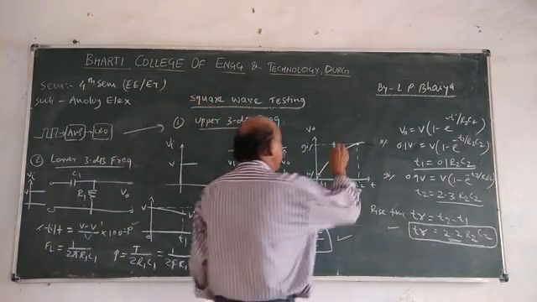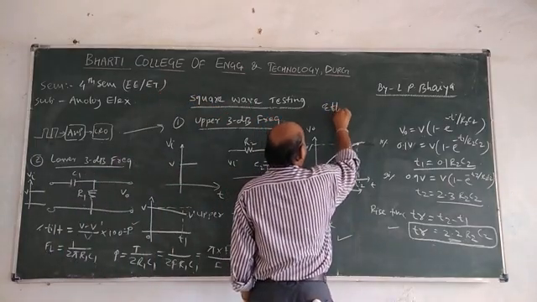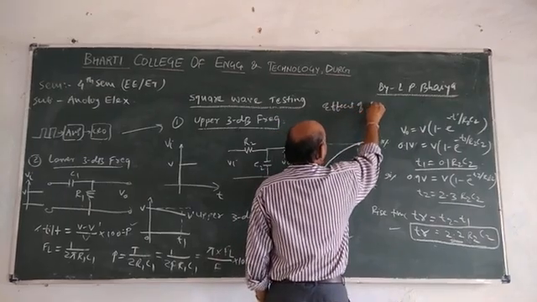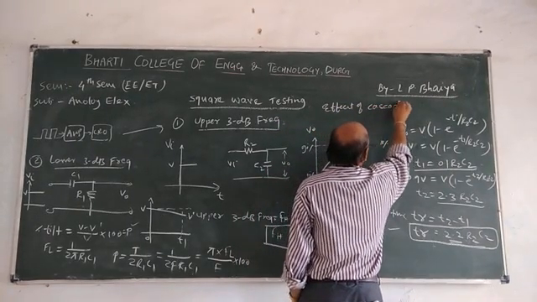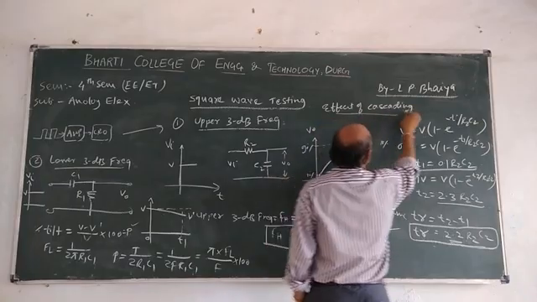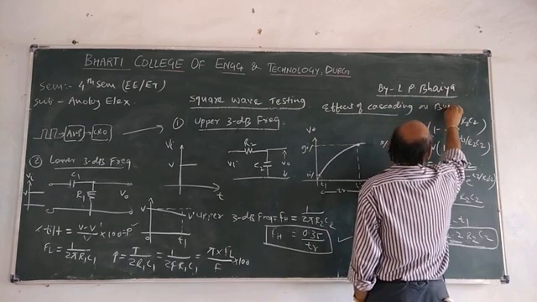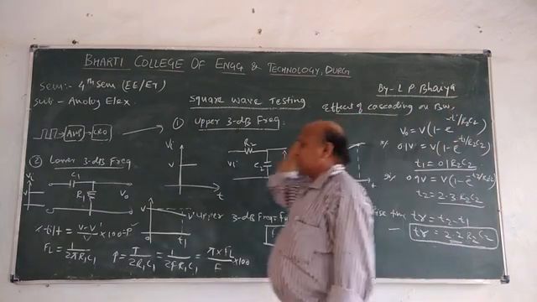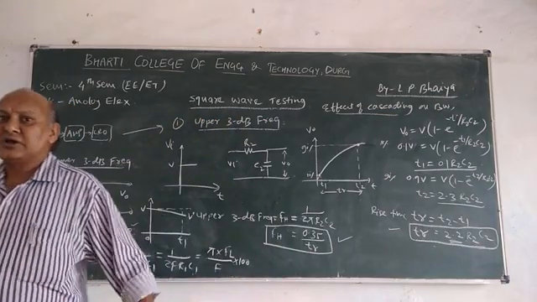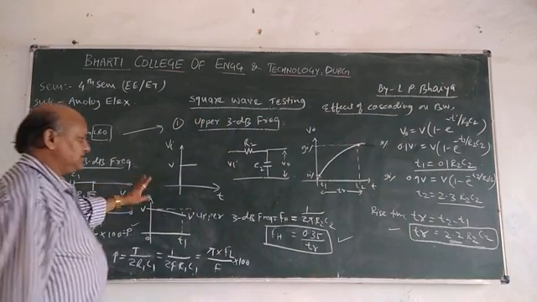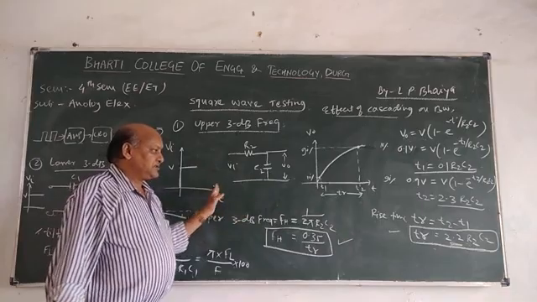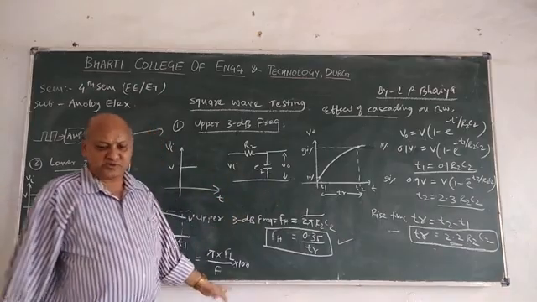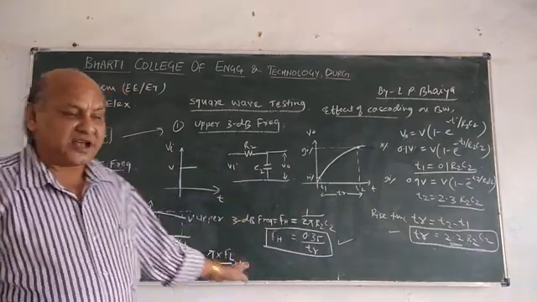Later on, we will see the effect of cascading on bandwidth with respect to these basic factors of square wave testing, which are important.